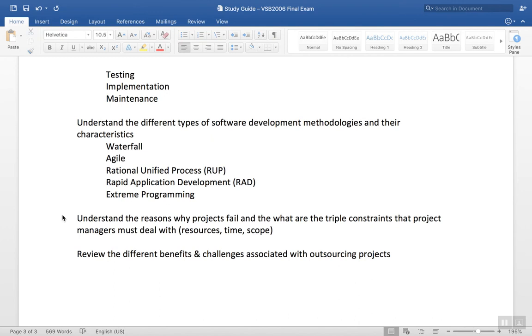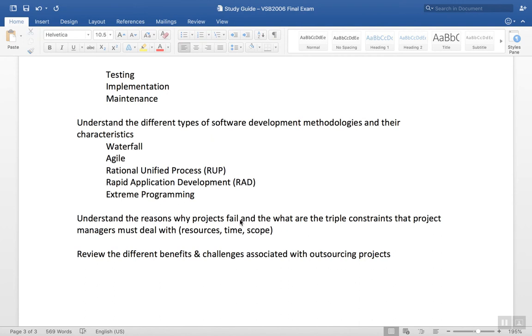Also, around some of the stuff around project management, understanding some of the challenges around projects, why projects can fail, the idea of project managers having to deal with what we call the triple constraint, which is resources, time, and scope.